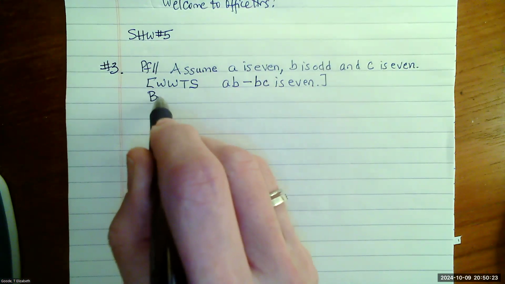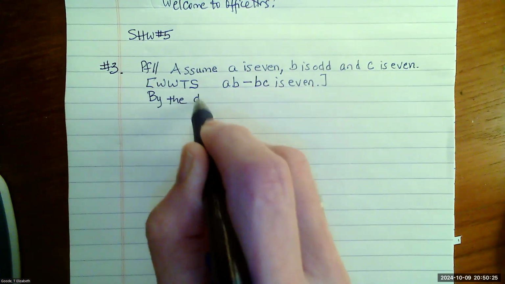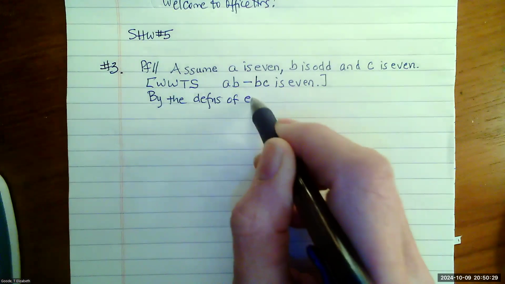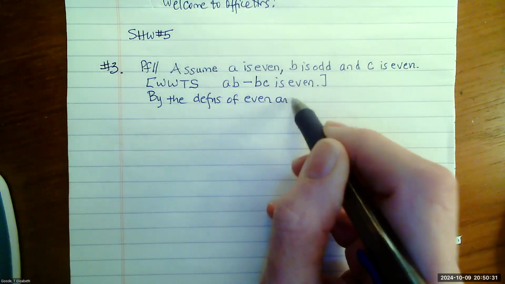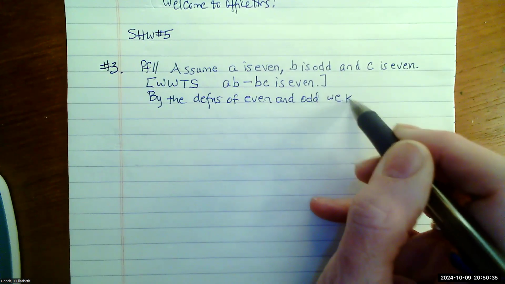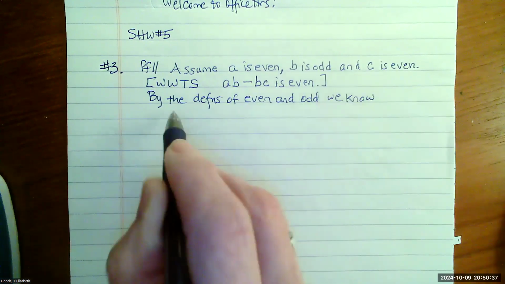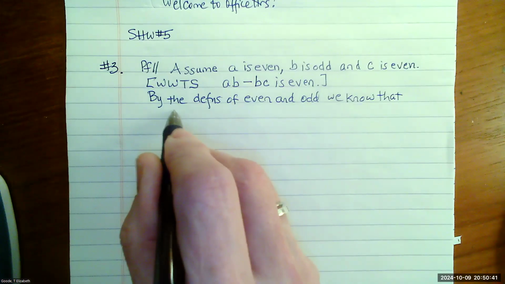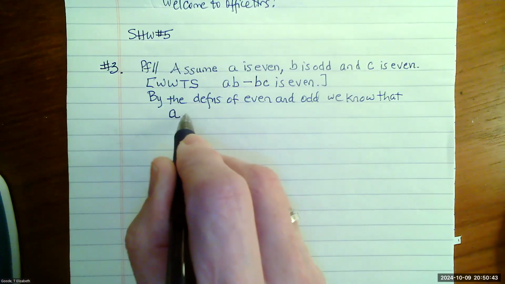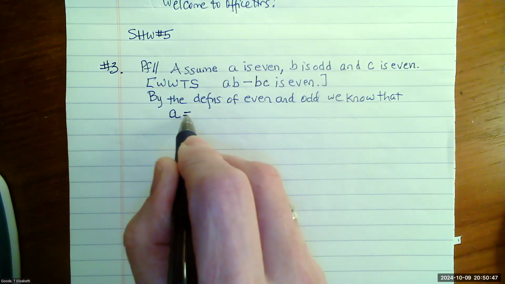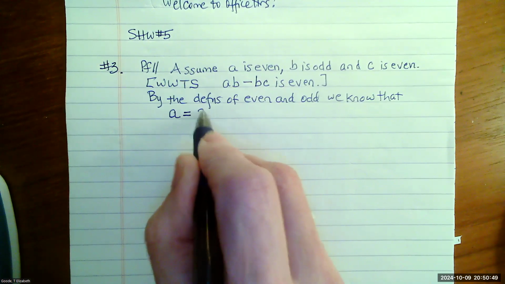So by the definitions of even and odd, what do we know? A equals 2k, good.